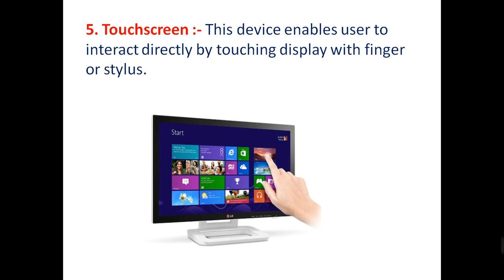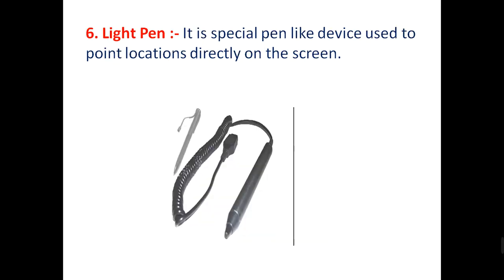So touch screen is now very common to all of you. We used to touch a screen at different location for different functioning. We can see this in our smartphone and we can also use this in some high-end computers. So in touch screen, we give input by touching different places in the screen.